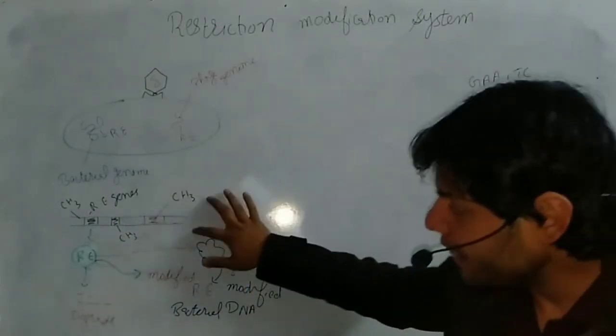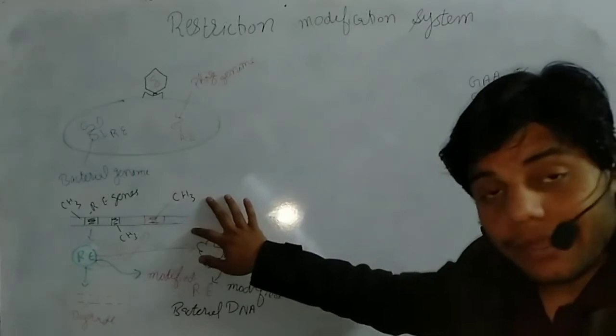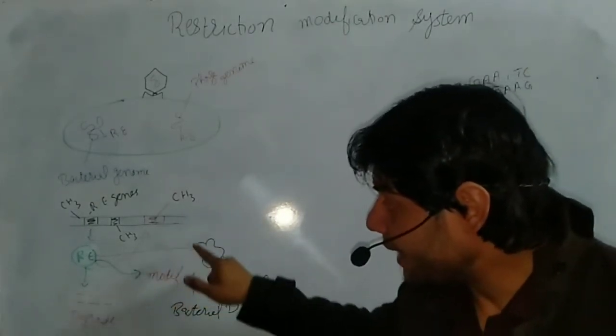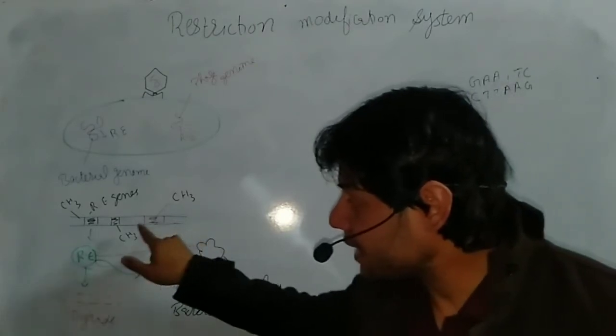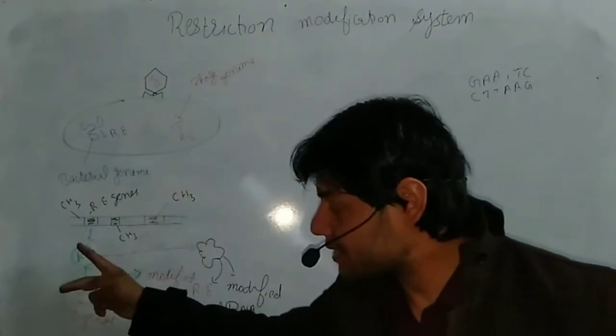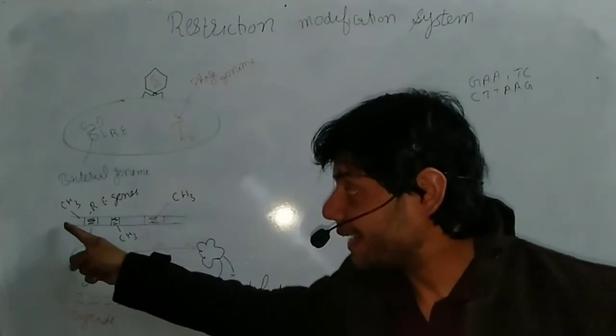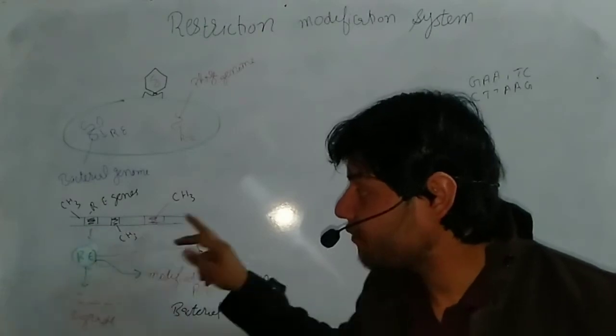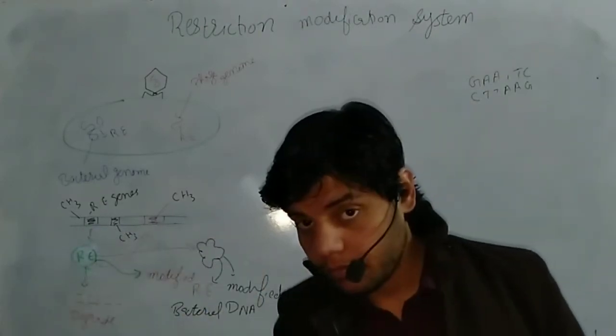Remember, when the bacterial genome is tagged with the methyl group, it can give a signal to the restriction enzyme, restriction enzyme 1, that it is part of the bacterial genome and you don't cleave this genome.